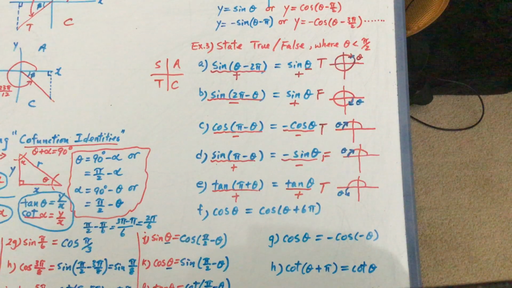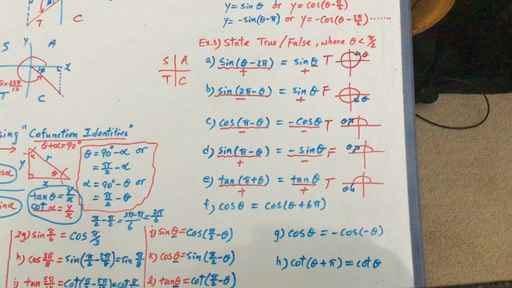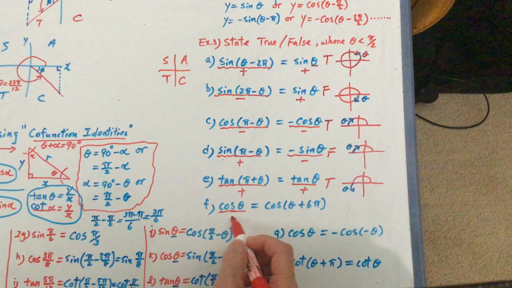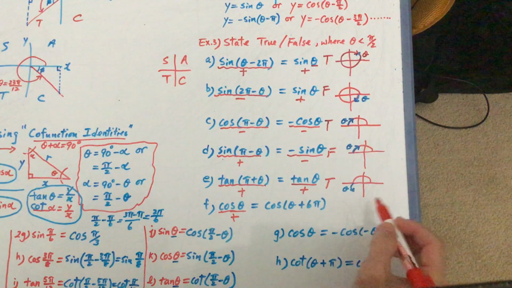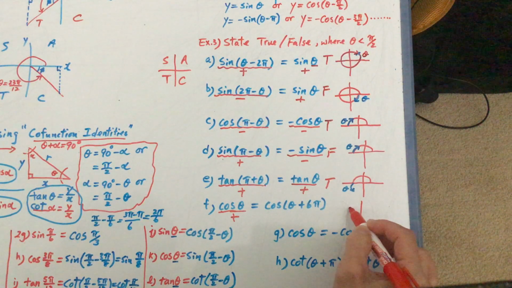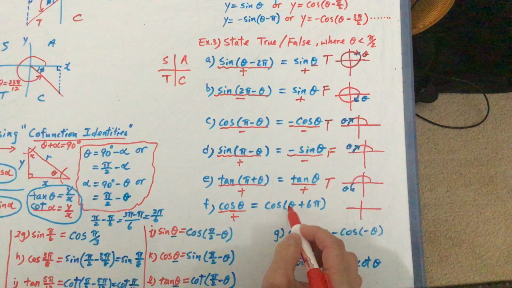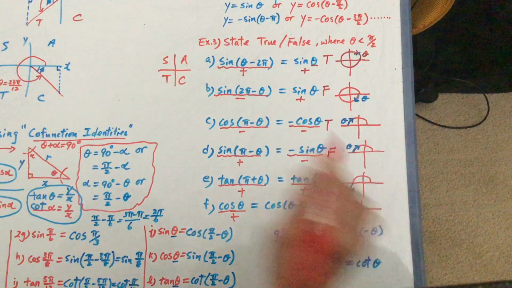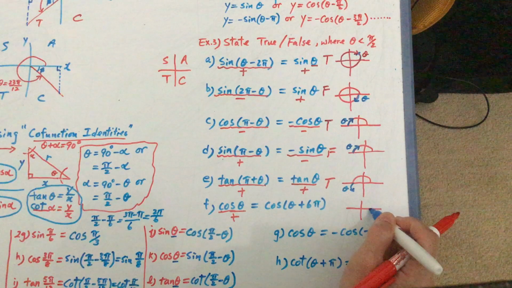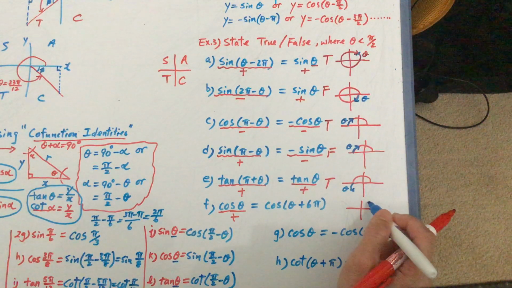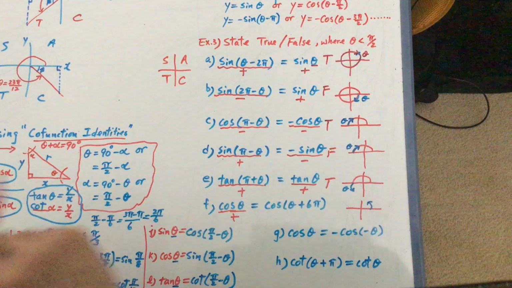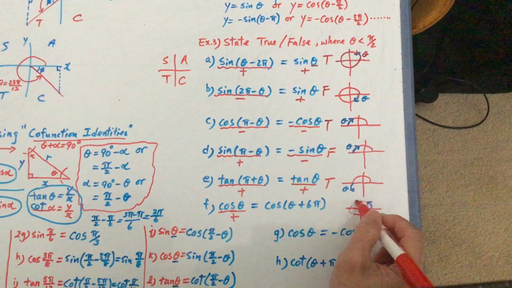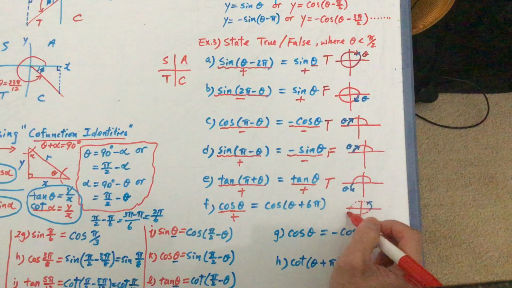And finally, F. You have cos theta. Well, cos theta is always positive. We know that this is in quadrant 1, right? But for the other, theta plus 6 pi, think about theta going this much, but then with the 6 pi, you're going 2 pi, 4 pi, 6 pi.